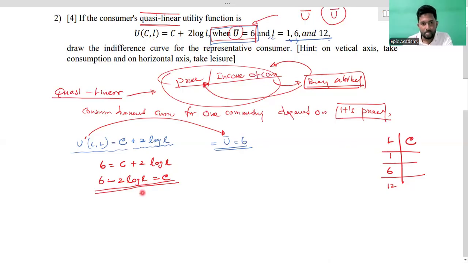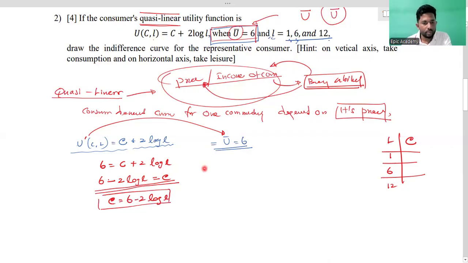Without changing that you can also calculate, no need to worry, because it is easy to understand that you are going to calculate the C value by using the L value. That is why I separately take the C value here. Are you okay with that? That means C equals 6 minus 2 log L, isn't it?